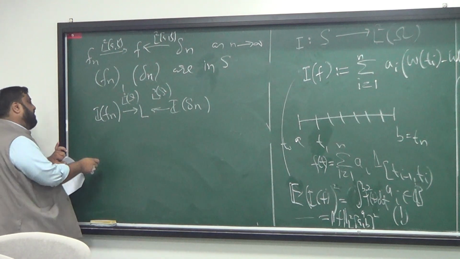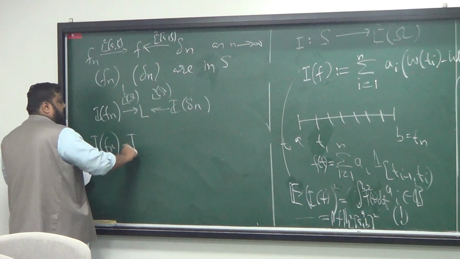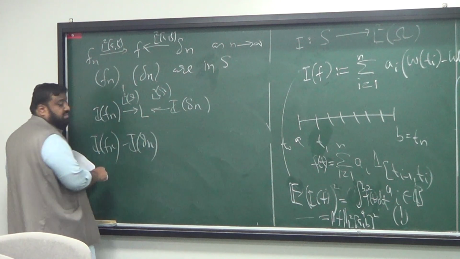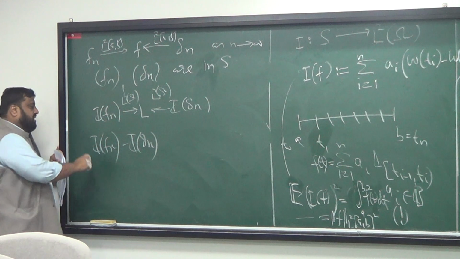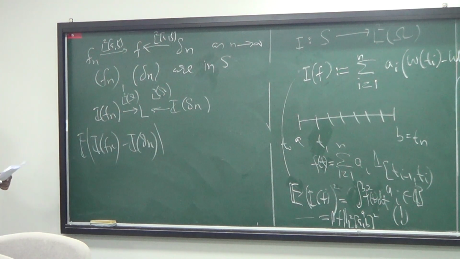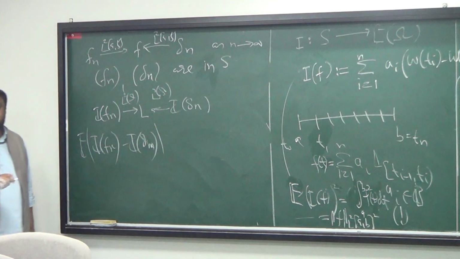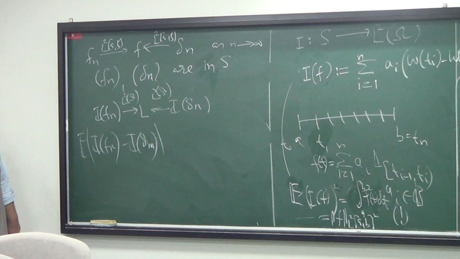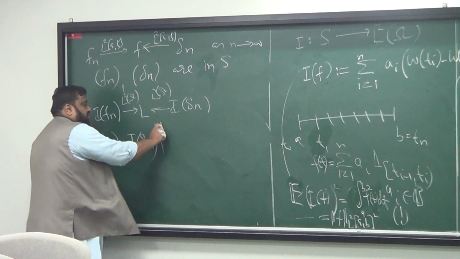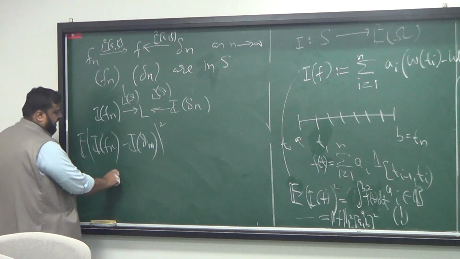This can be very easily shown by just computing the difference: I of fn minus I of gn, taking the square of it. It's not necessary that you always take the same term and make a comparison, so you can have this, and this would be the same with the same argument.